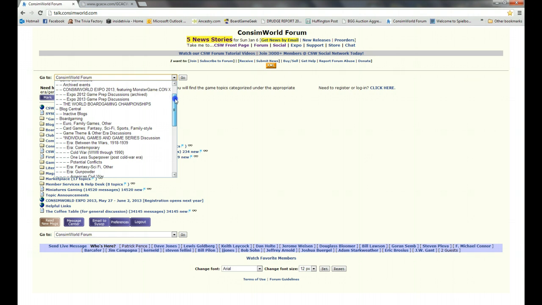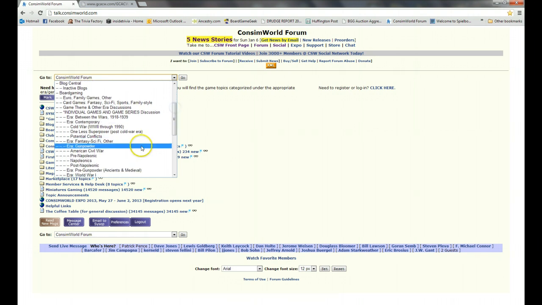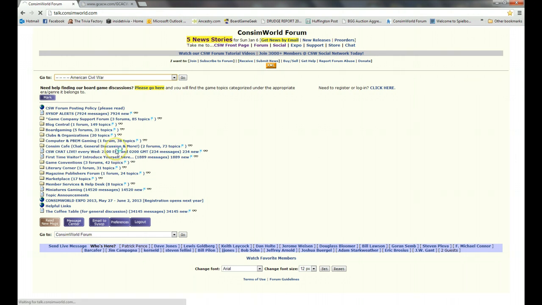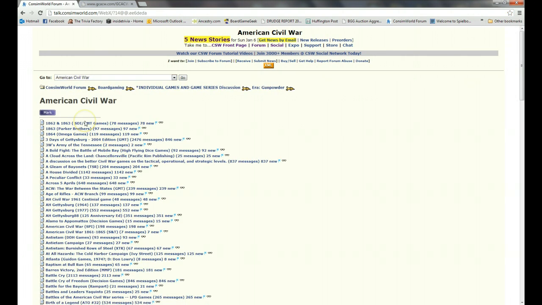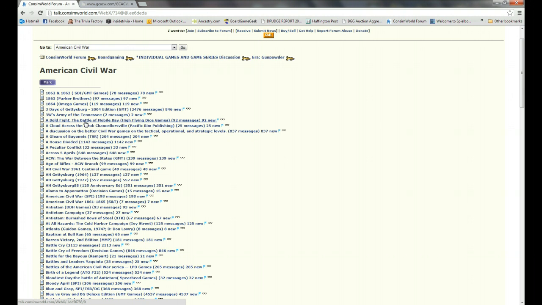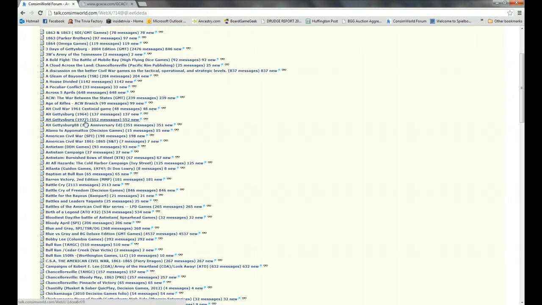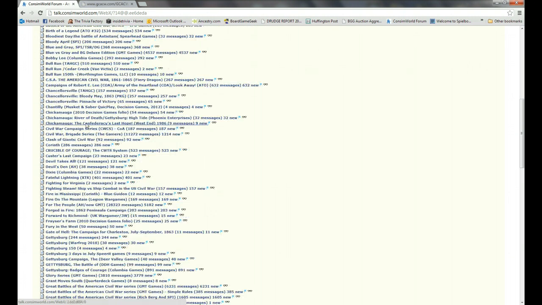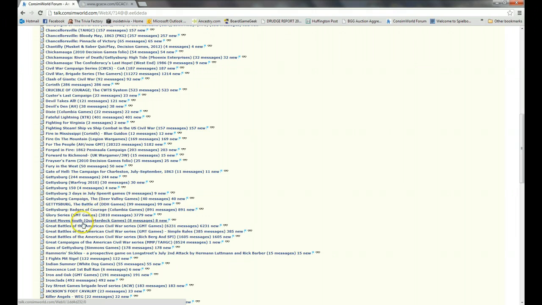And the Great Campaign series is going to be in its own category here under American Civil War. And within that, all the titles are sorted. I've gone into the preferences and sorted mine by title here. The Great Campaign series is down here in the G, not to be confused with the Great Battles of the American Civil War series. And I want to thank Richard Berg for his shout out today.